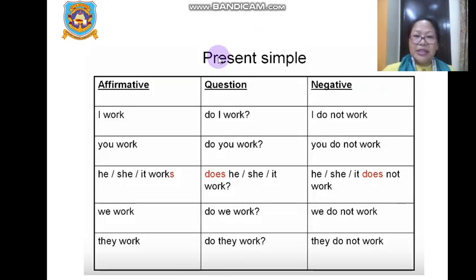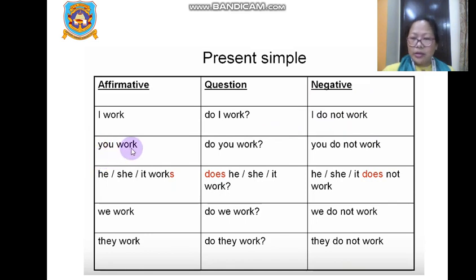Simple present tense in affirmative, question and negative sentences. I work, subject is first person, verb is the root form. In a question sentence it will come: do I work, we add do in the beginning. In a negative sentence, I do not work.